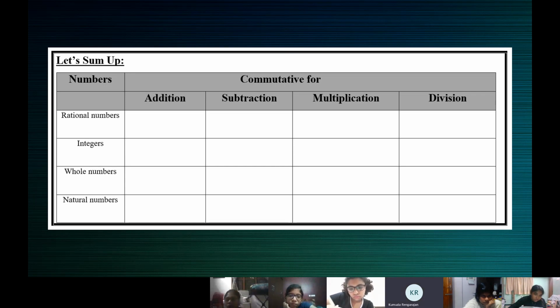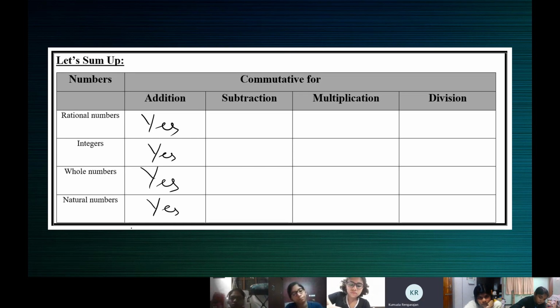So basically, what we have seen is the commutative property, whether it is rational numbers, integers, whole numbers or natural numbers. For addition it works everywhere. When you change the order and add, the answer is the same.